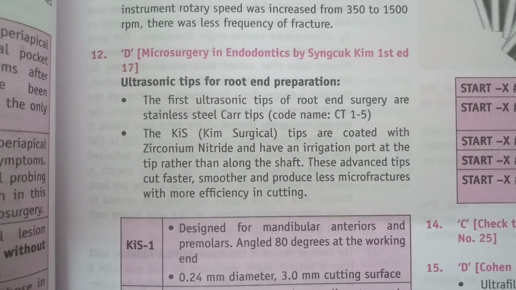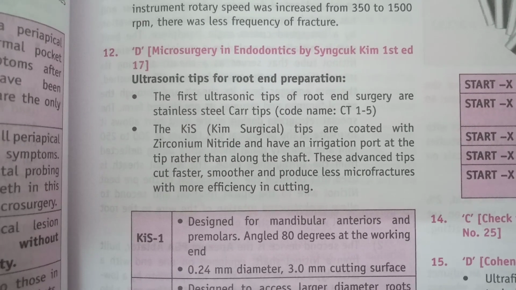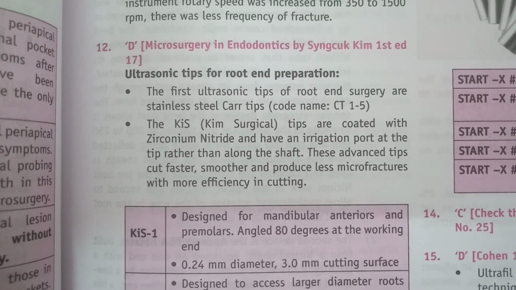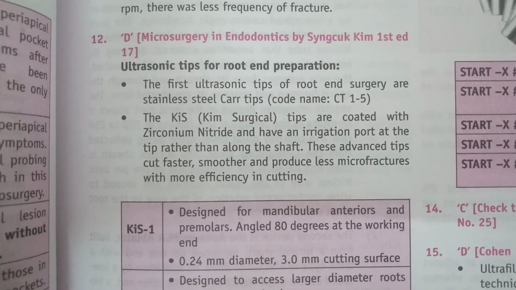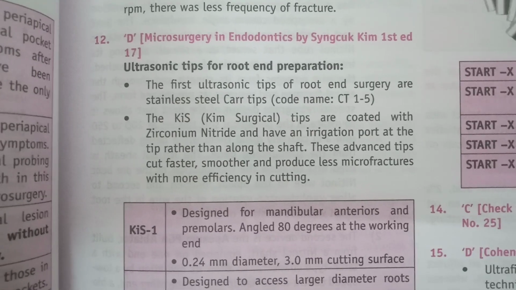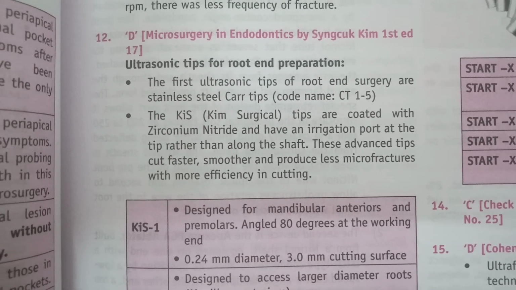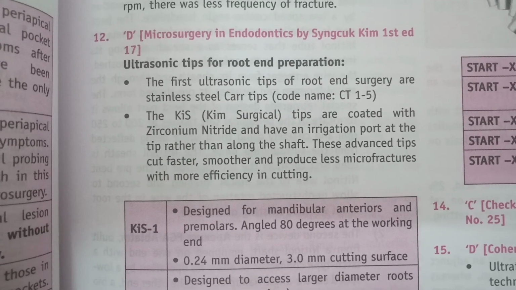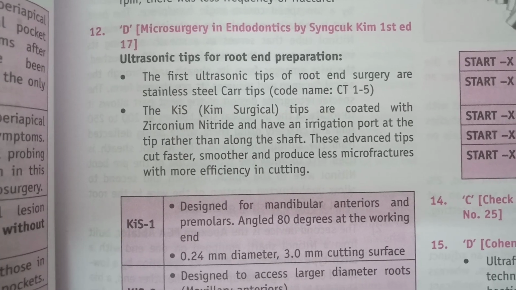So number 12, ultrasonic tips for root end preparation. The first ultrasonic tips of root end surgery are stainless steel CT tips, codename CT5. The KiS or Kim surgical tips are coated with zirconium nitride and have an irrigation port at the tip rather than along the shaft.